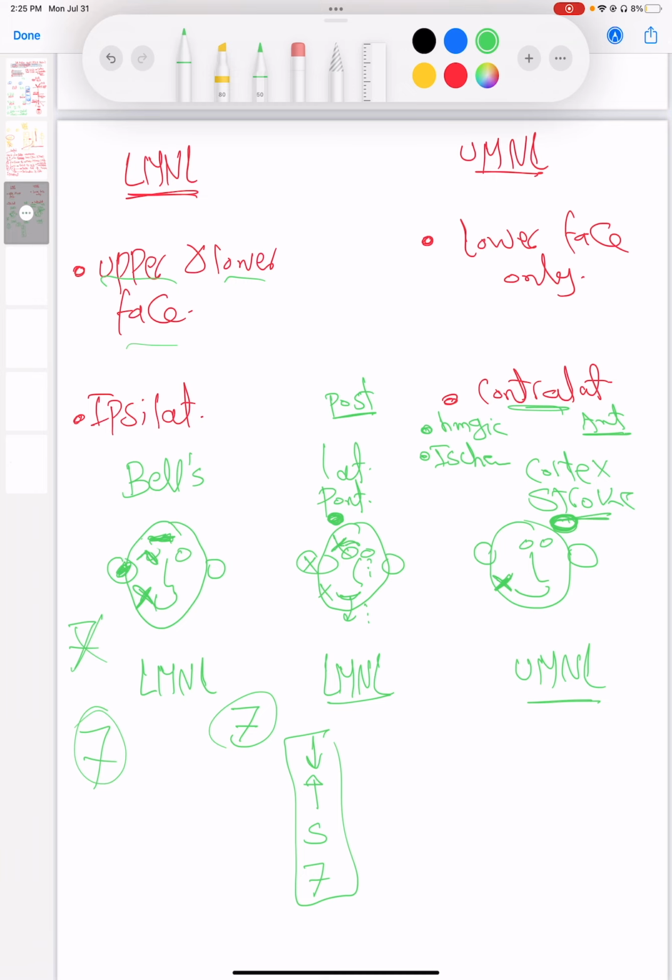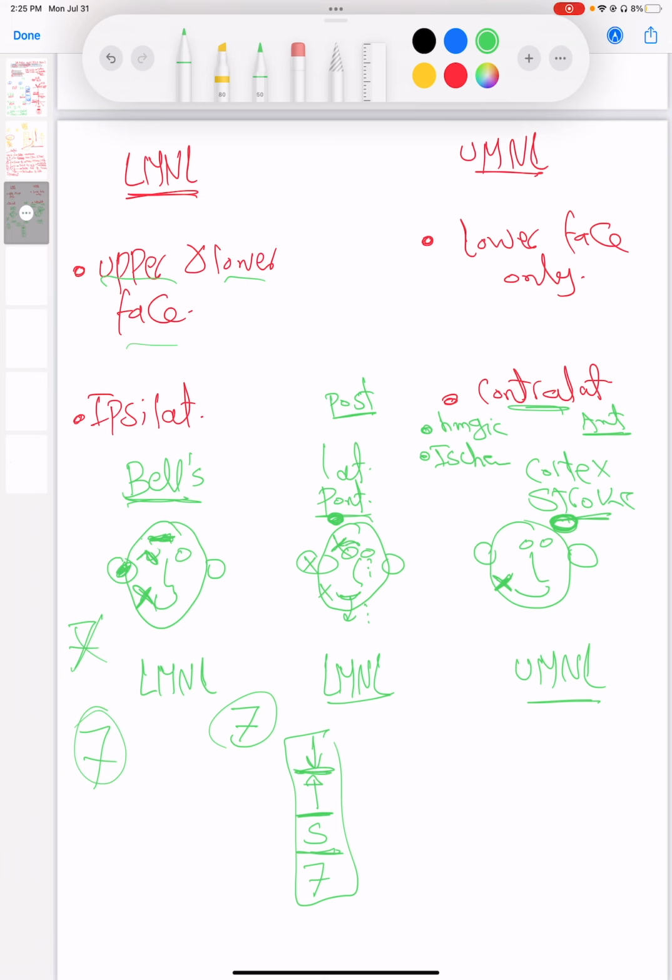But in lateral pontine syndrome, you have descending symptoms, which is contralateral body weakness, ascending symptoms, which is contralateral loss of pain and temperature, and sympathetic symptoms, which are ptosis, miosis, and anhidrosis. So that's how we differentiate between Bell's and lateral pontine.